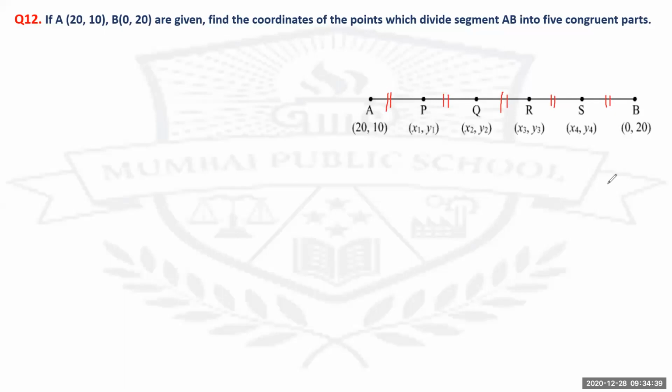So what you will do is first find the coordinates of P. AP is one part and PB is 1, 1, 1, 1, so that means 4 parts. So what is your ratio? Your ratio is going to be 1 upon 4.